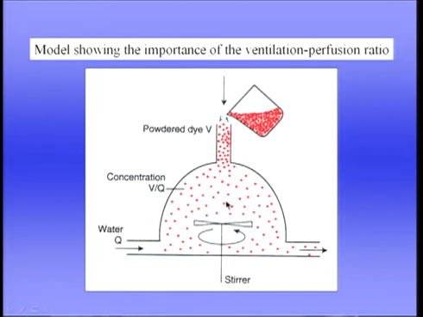What is not so intuitive, perhaps, is that if we pour the dye in at V grams per minute, pump the water through at Q liters per minute, the concentration in the alveolar gas and the effluent blood is V over Q grams per liter. In other words, it's the ratio of the ventilation to the blood flow that determines the concentration of the dye. And of course, not only the concentration of the gases, but their partial pressures, and that's why the ventilation perfusion ratio is such a critical variable.